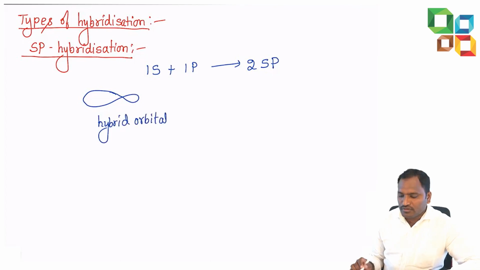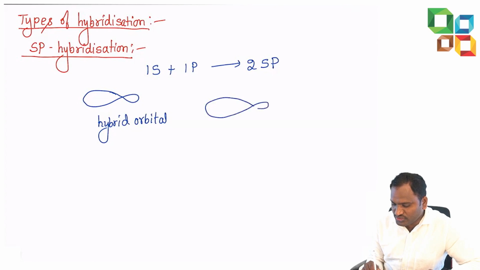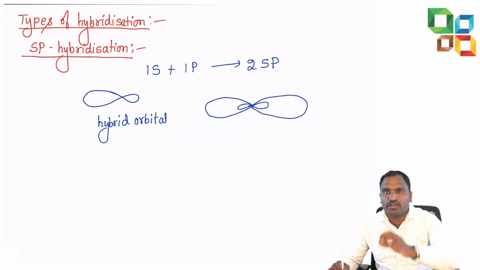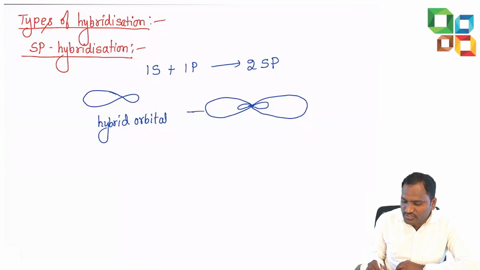Hybrid orbital. Look at this, students. Now this sp hybrid, two hybrid orbitals are there. This is one hybrid orbital. Two hybrid orbitals are there. If two hybrid orbitals form, they arrange in a linear manner.